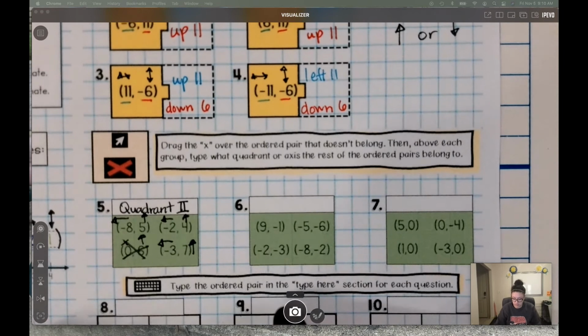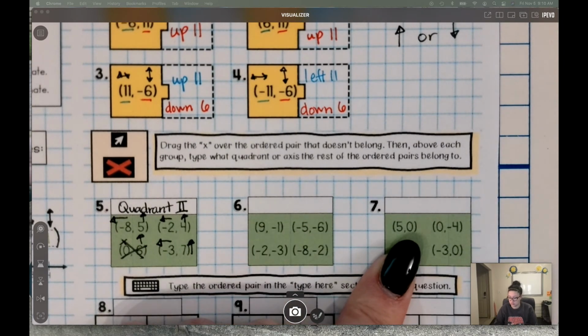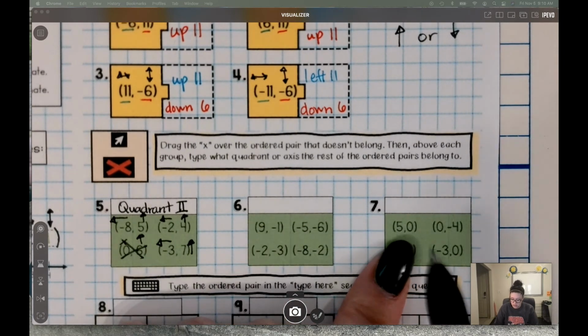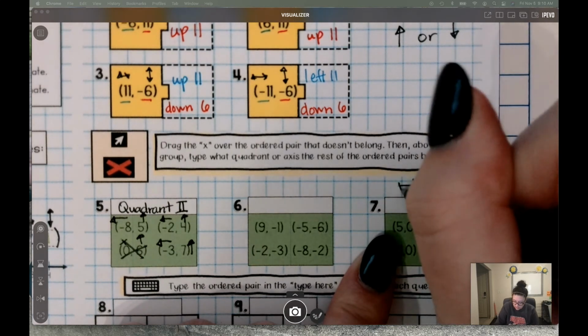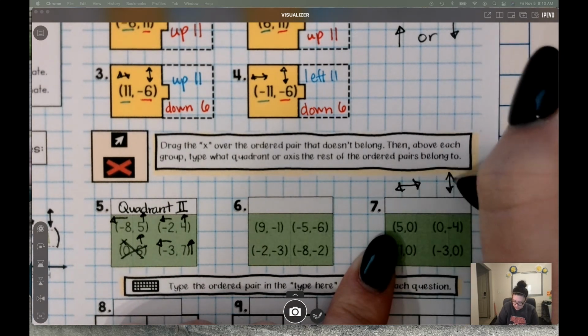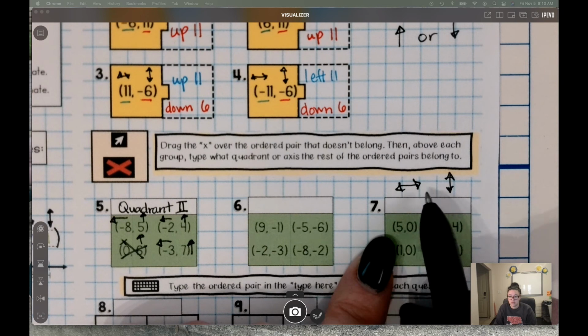All right. So we're going to do 7 together, then you'll try 6 on your own. So 5, 0. Remember, we go left and right, and then we go up and down. So 5, 0. What direction would I go 5? Left or right?